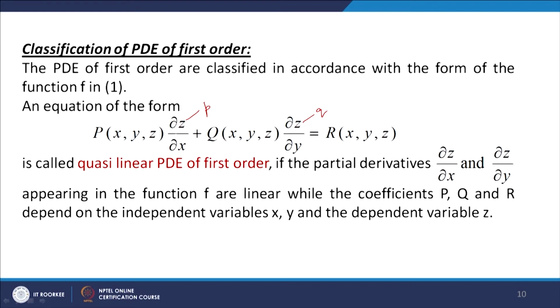So if the coefficients of p and q, which occur in first degree and separately, are functions of x, y, z, and the right hand side R is also a function of x, y, z, then this partial differential equation is known as Cauchy linear partial differential equation of first order, where p and q are linear and the functions P, Q, R depend on the independent variables x, y and the dependent variable z.